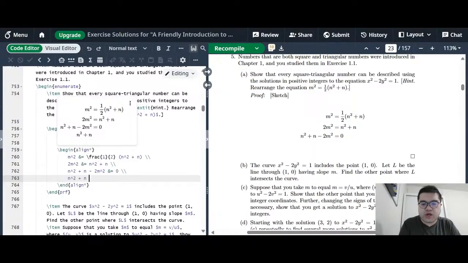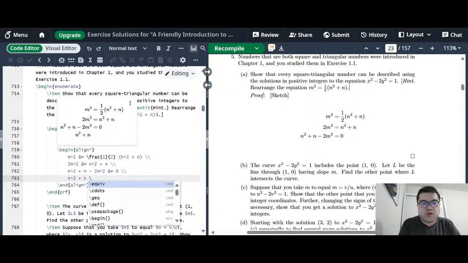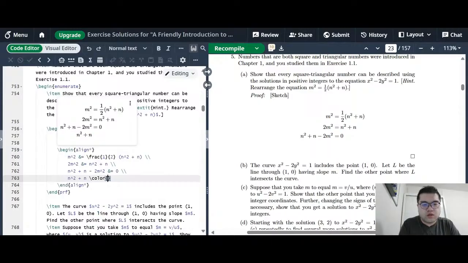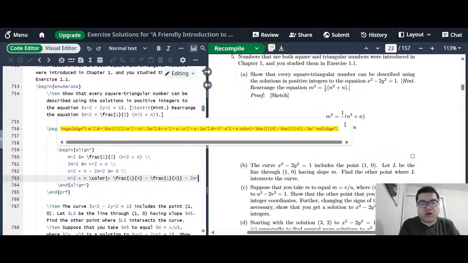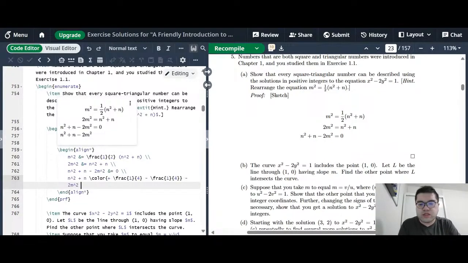Let's see if I can actually color code it. Color. This is plus, then minus. Now, anyway, the biggest problem that we have here, which we are going to show in the coloring, is that, hopefully it works.